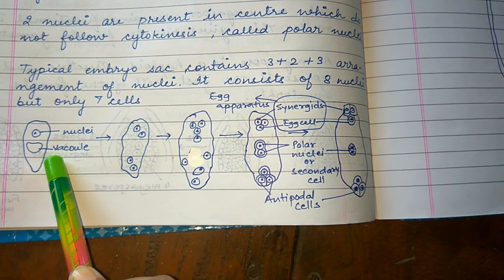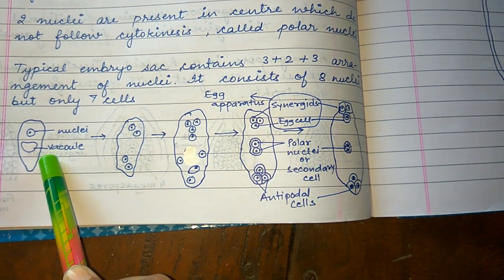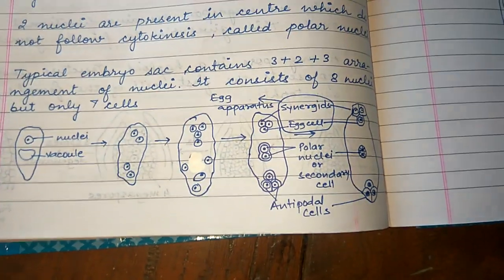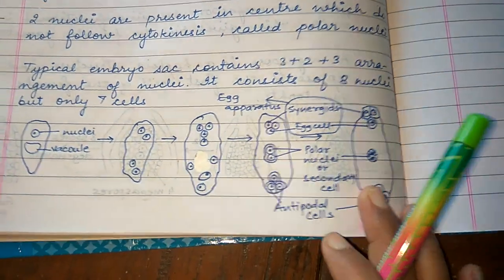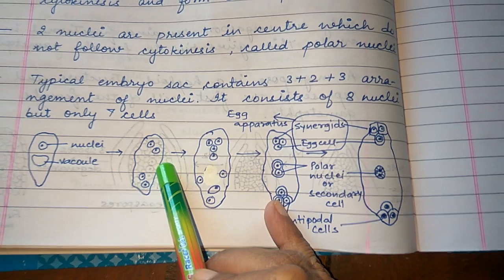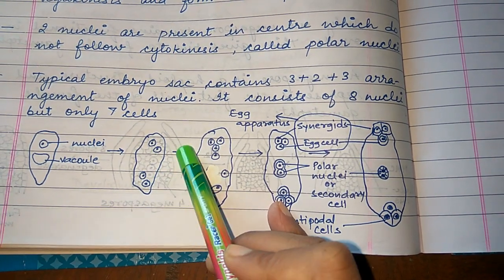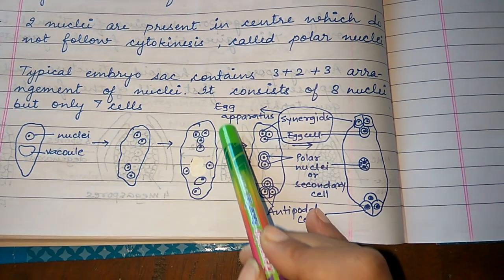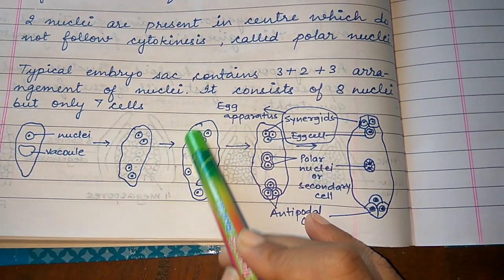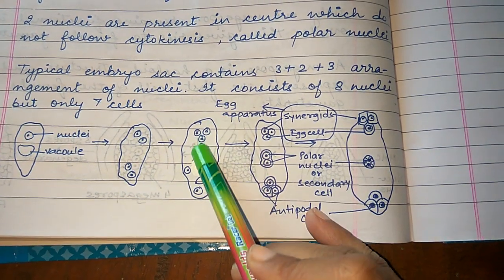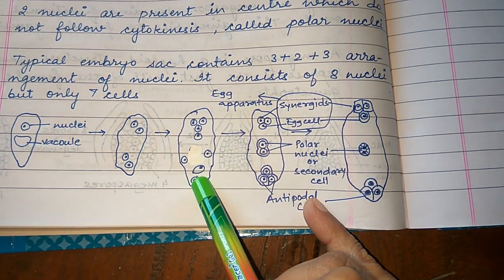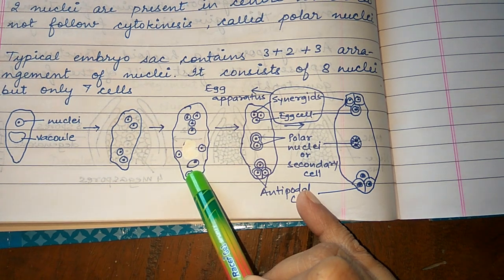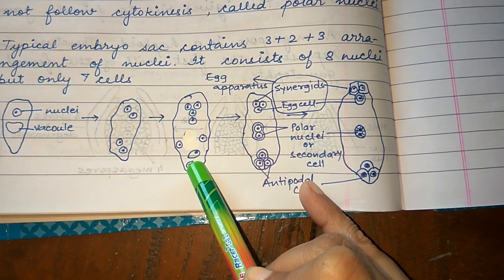The megaspore in the ovule gets nourishment and becomes larger in size. The megaspore successively divides in three mitotic divisions to form 8 nuclei. All nuclei are haploid and this stage is strictly nuclear free.